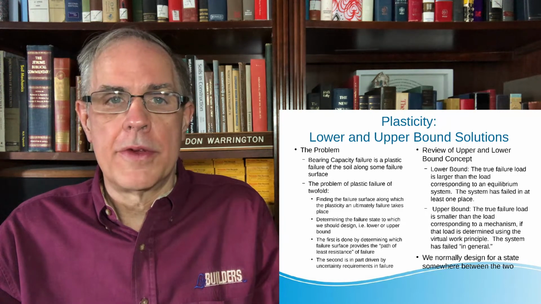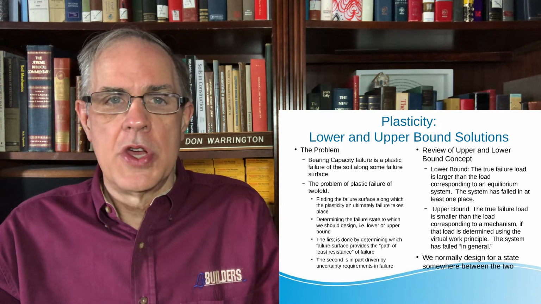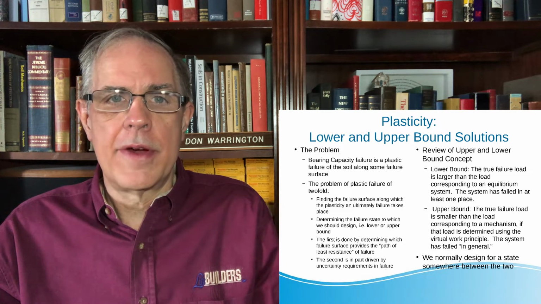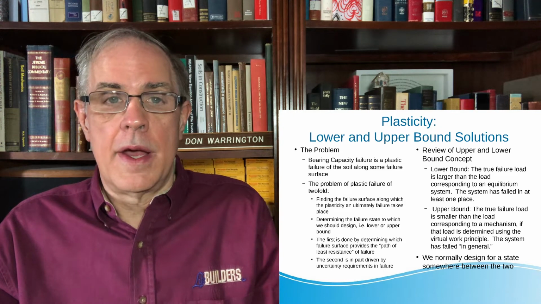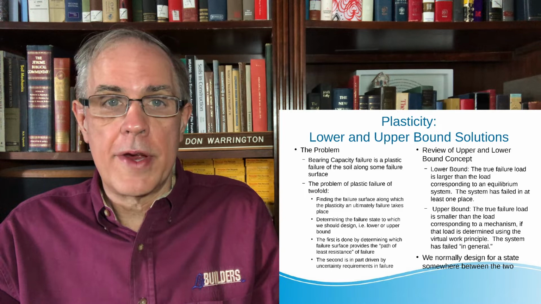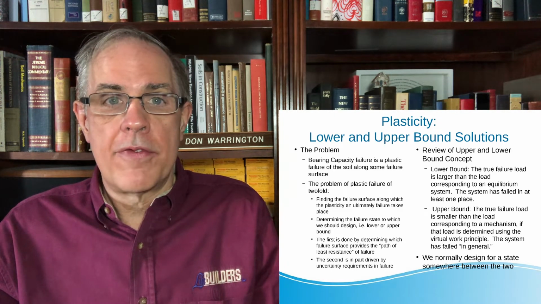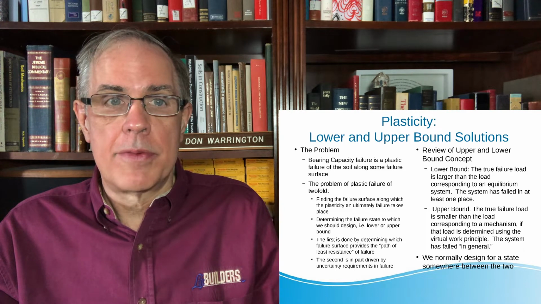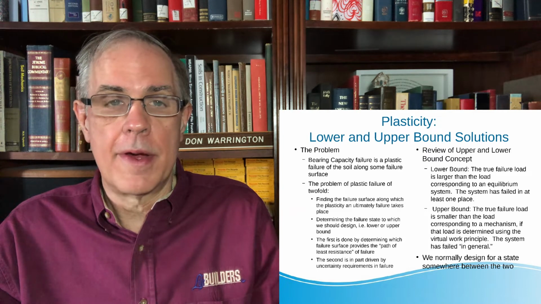With upper and lower bound solutions, basically we say that in a lower bound solution, we see somewhere in the system an initiation of plasticity. And in an upper bound solution, we say that plasticity has spread out to the point where we get failure. In particular, our model for these two courses is going to be an elastic, perfectly plastic model.